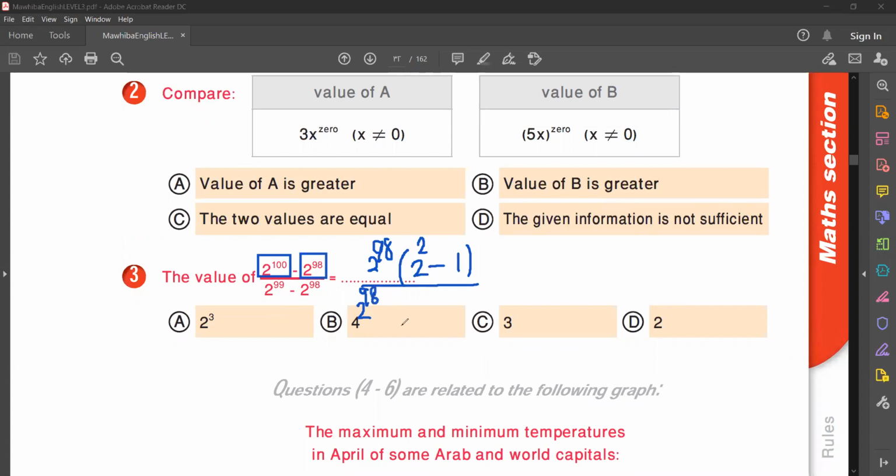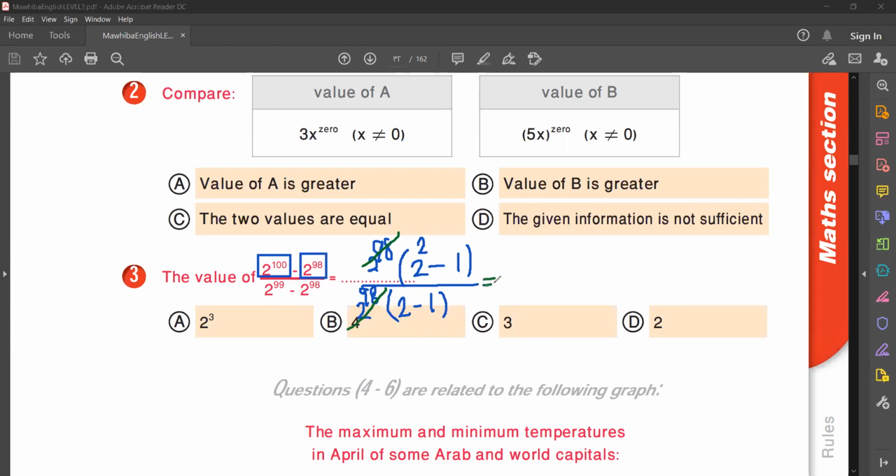You can write how to solve problems in your book. 2 to the power 98, then what is the remainder? 2 to the power 99 minus 98, it is 2. 2 to the power 98, it is also 1. You can also simplify 2 to the power 98 with 2 to the power 98 because they are the same.